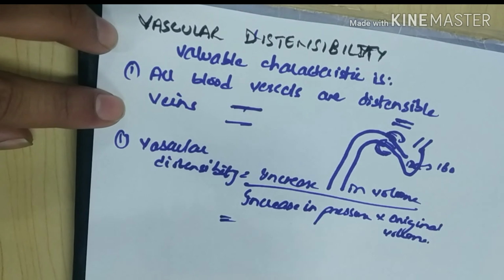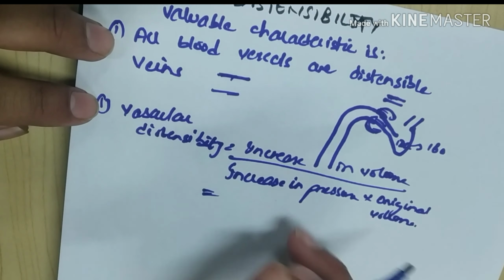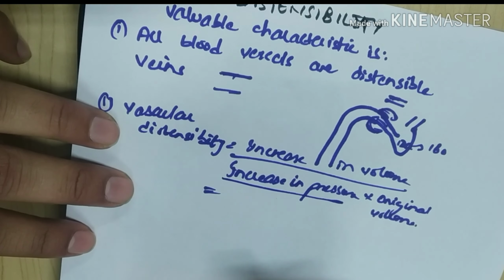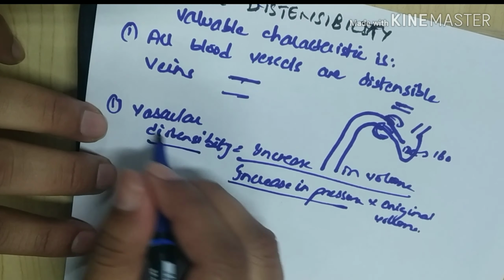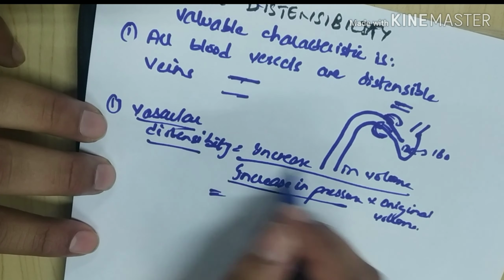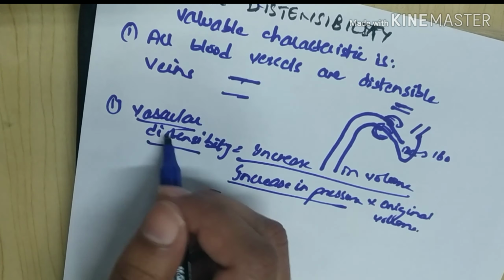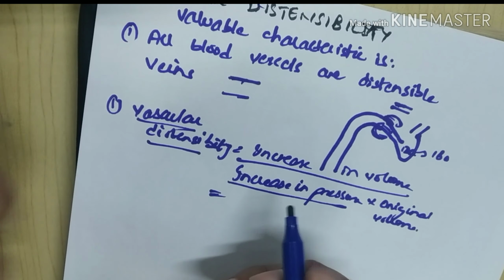How can we work out vascular distensibility as a percentage? Wherever the pressure is more, the vascular distensibility is less, whereas wherever the volume is more, the vascular distensibility is more. That is the relationship between vascular distensibility and the increase in pressure as well as the increase in volume.